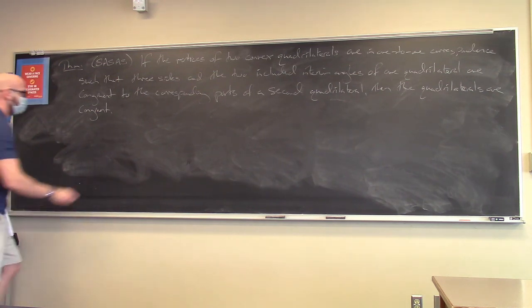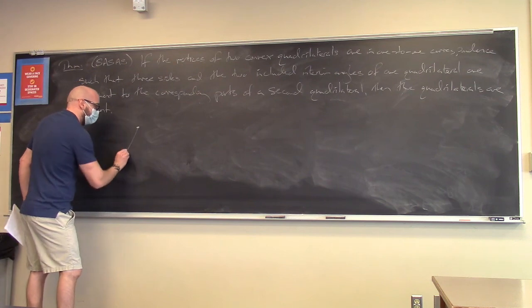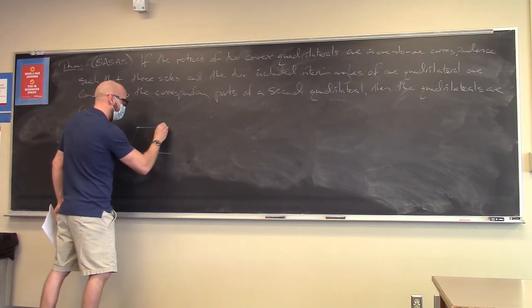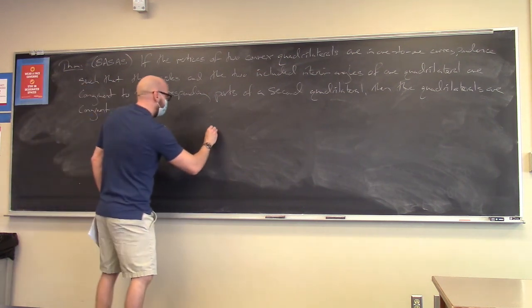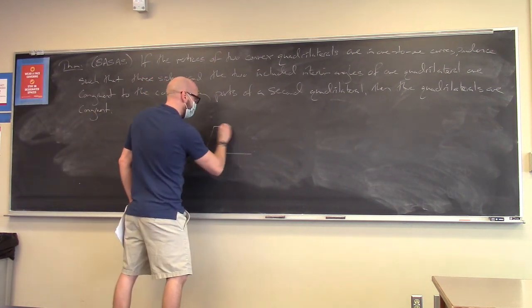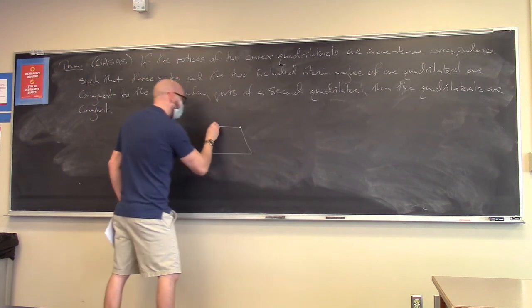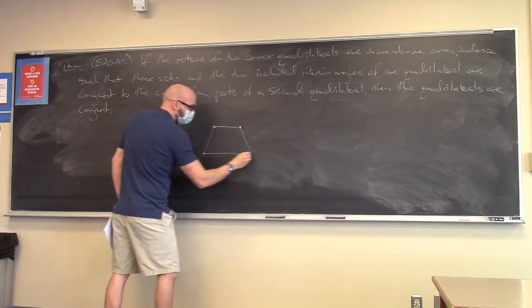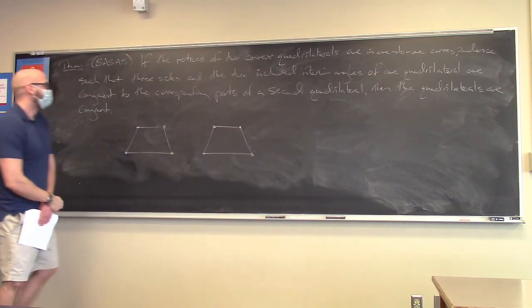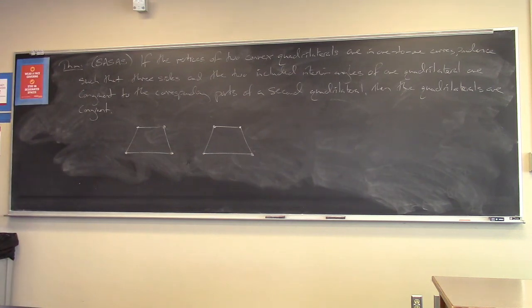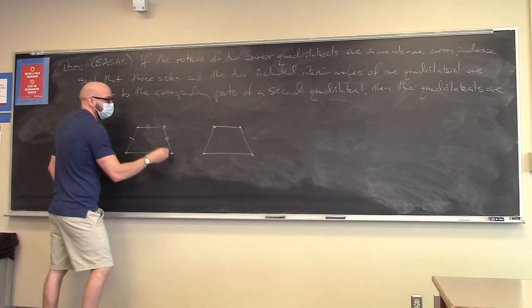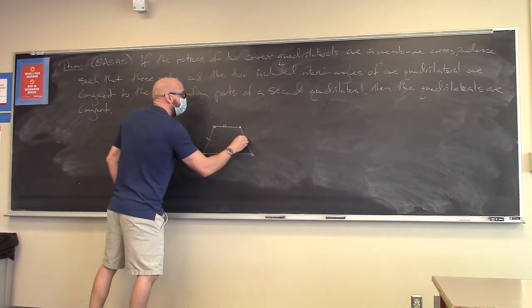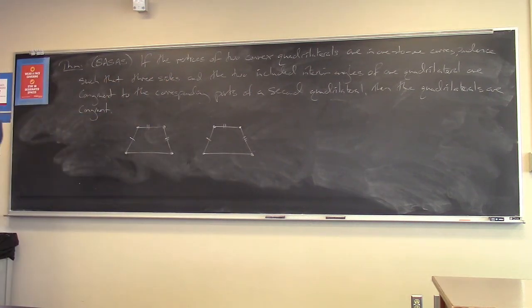Okay, so what is this saying? I'll draw them so that they actually look congruent, because they will be. I've got these convex quadrilaterals. And what do I know? Three sides, so let's call them three sides, 1, 2, 3 matches up there.